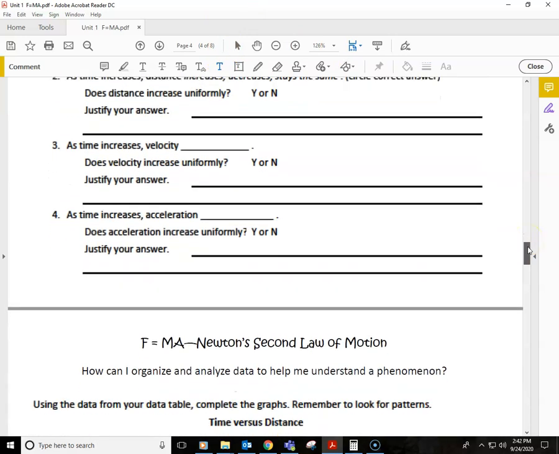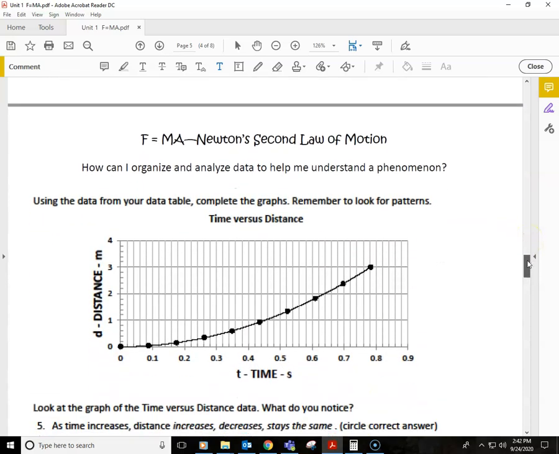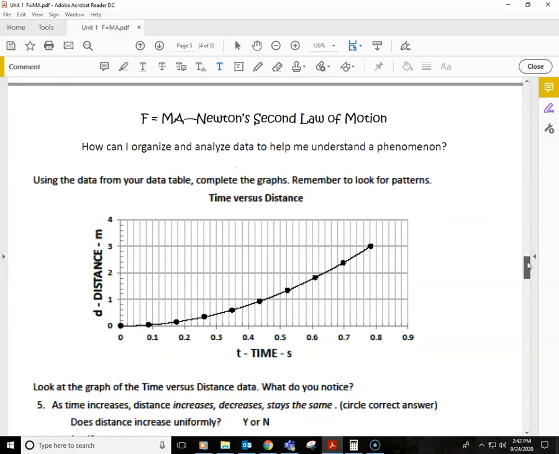When you're done with that, we get over here to a graph. So here's the big set of instructions. You're going to use data from the data table, which I was calling a chart a moment ago. Use that data to complete the graphs. Remember to look for patterns. So the first pattern I want to show you is the pattern in the graphs themselves.